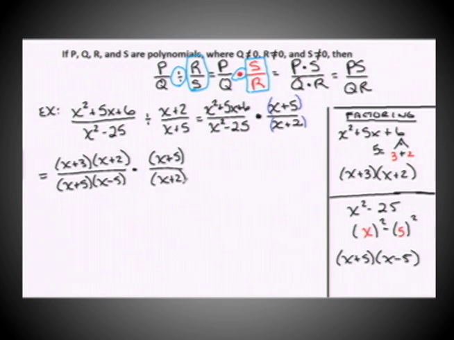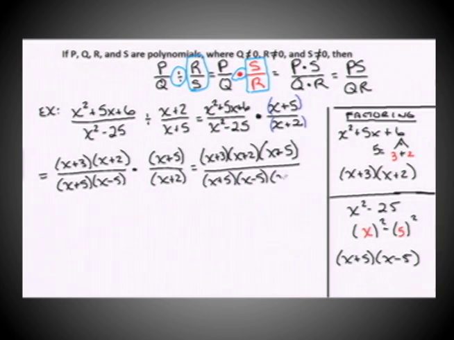The next step in the multiplication process is to multiply it all together in one big single fraction. So x plus 3 times x plus 2 times x plus 5 divided by x plus 5 times x minus 5 times x plus 2. Now we're ready to divide out common factors, remembering that anything divided by itself is 1, except for 0.